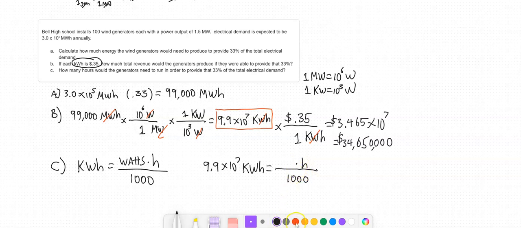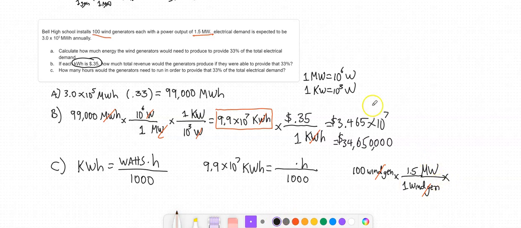Now, the reason I don't know my total watts is because I have 100 wind generators at 1.5 megawatts. So that's easy. So I take my 100 wind generators, and every one wind generator, aka turbine, is 1.5 megawatts. And that's fine, except I don't want megawatts. I want kilowatts.